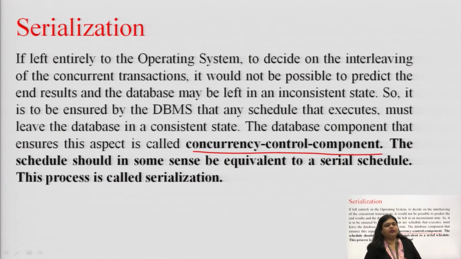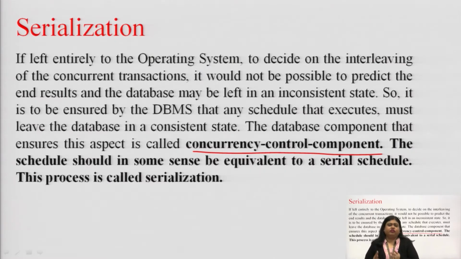So, basically when we talk about serialization, we are having a concurrent execution, which we always have. We never have serial schedules, because with serial schedules the resources are wasted, we do not get good throughput, and there is a huge waiting time.